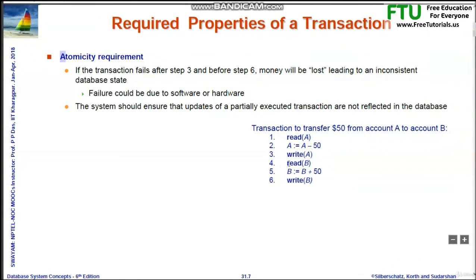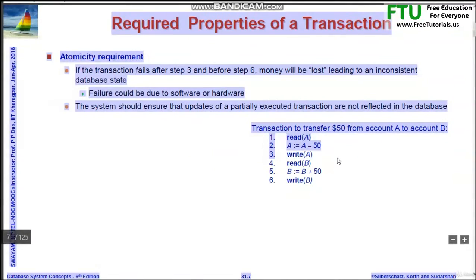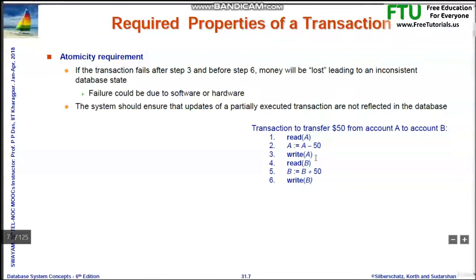database. This is the short code. Read A: suppose A has $100 and we subtract $50, then write A. And at that point, our system crashes.